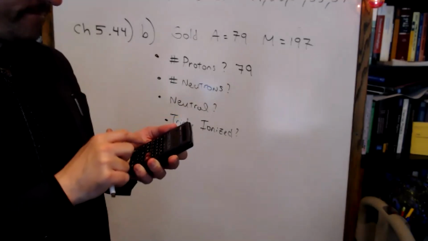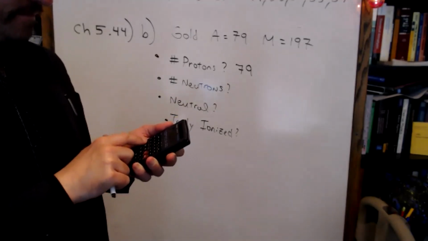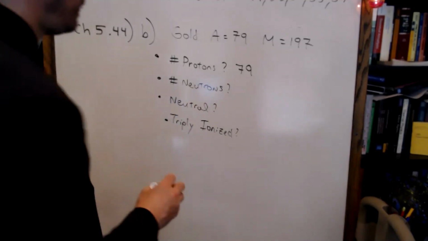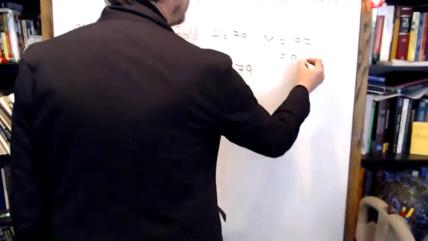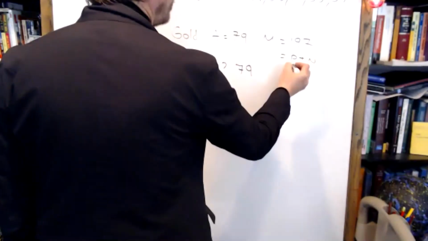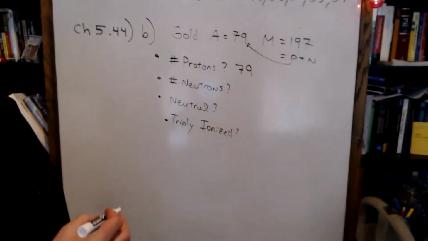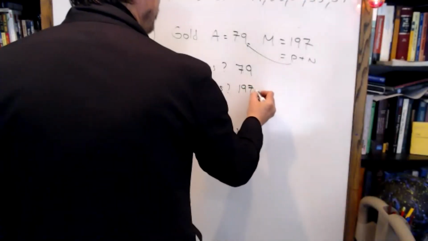You would just do the 197 and subtract 79 protons, and then you'll get the number of neutrons. Right, because this number is the number of protons plus the number of neutrons. And we know the number of protons is 79, right? So what do you get if you do 197 minus 79? 118.